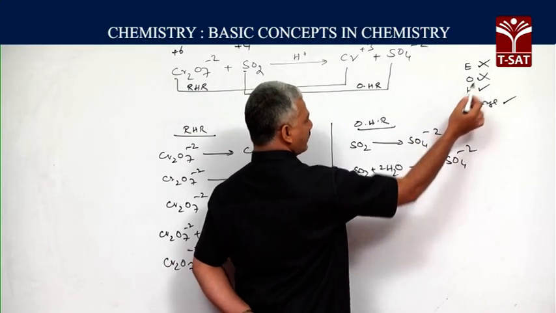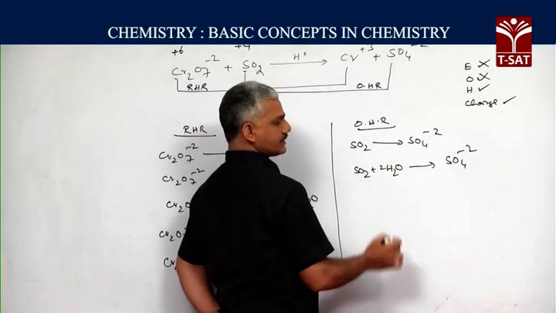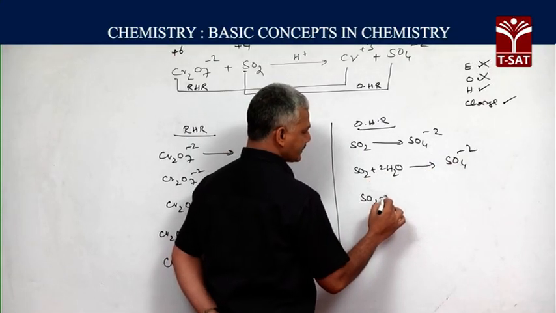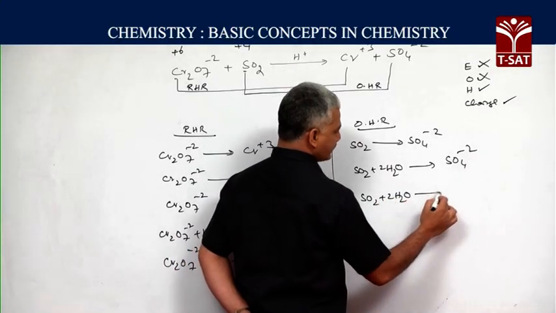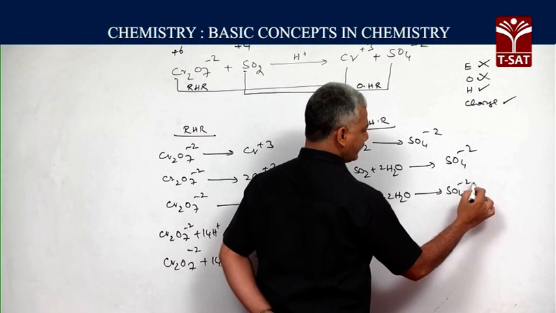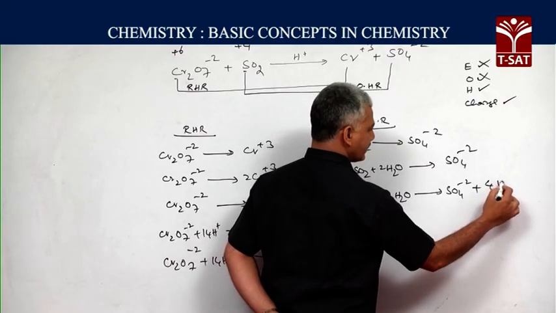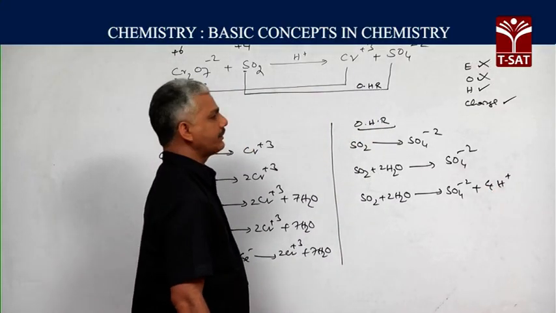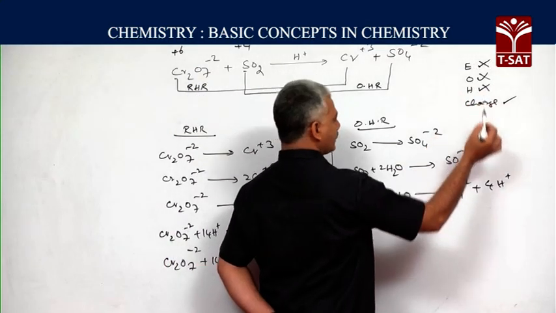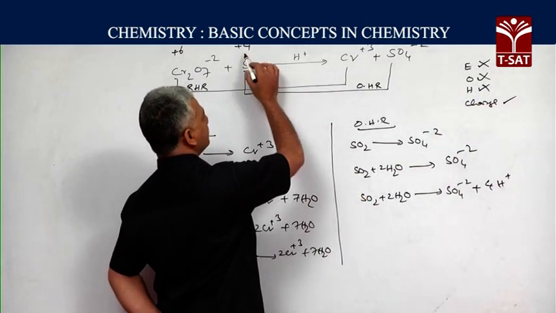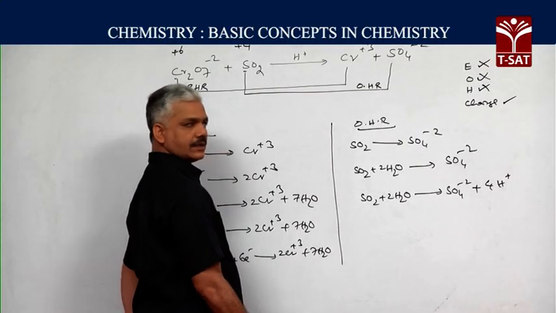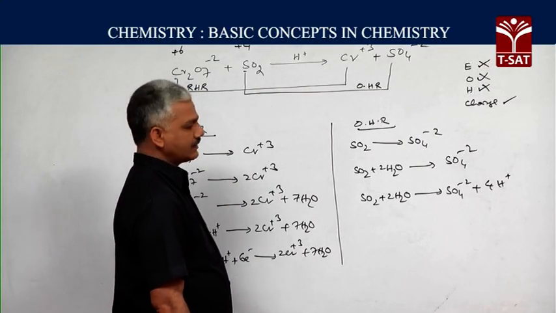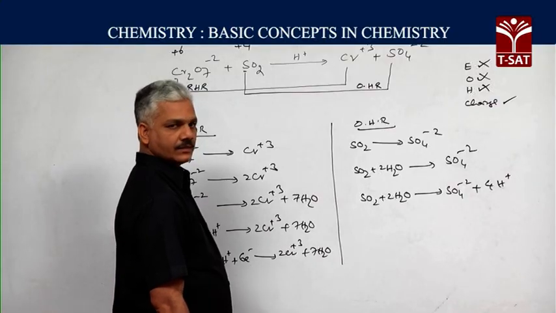Then, on the reactant side 4 hydrogens are present, on the product side no hydrogens. So, hydrogen is balanced by adding the required number of H+ ions, because the reaction is taking place in acidic medium. Now, to balance charge, consider the change in oxidation state, which is 2 units. As it is oxidation, the difference is indicated on the product side.